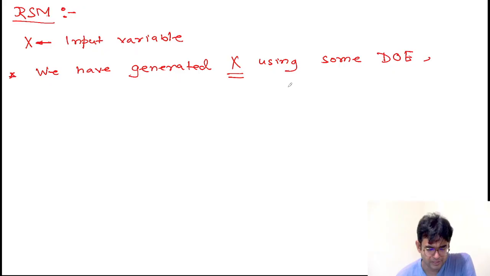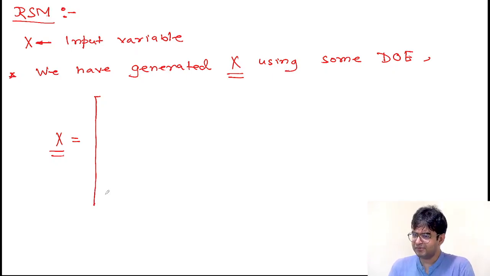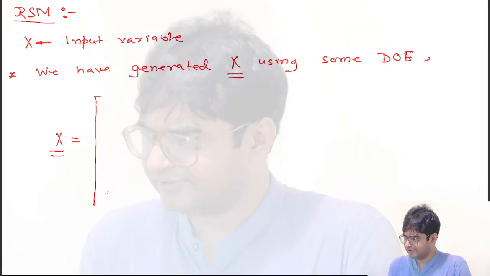So how will X look like? This X will be a matrix. How will it look like? I have how many variables? Notation tells K. For each variable I have generated samples, right? So each row is one sample.